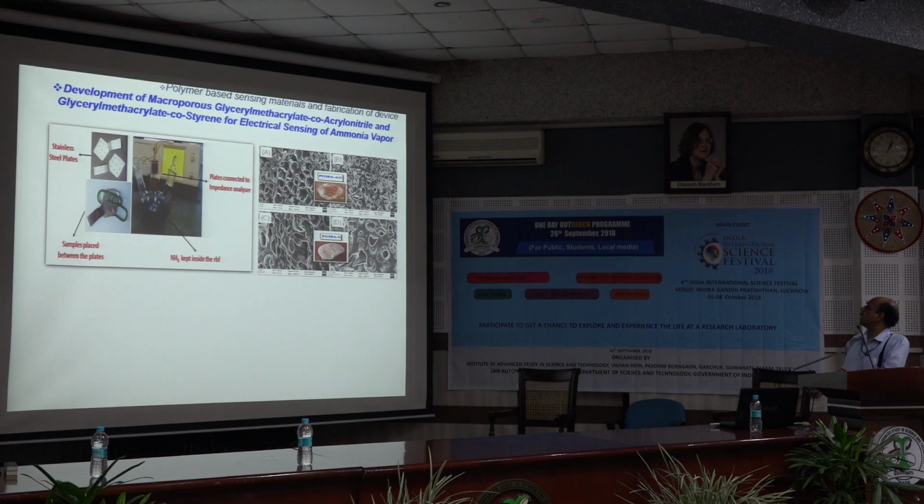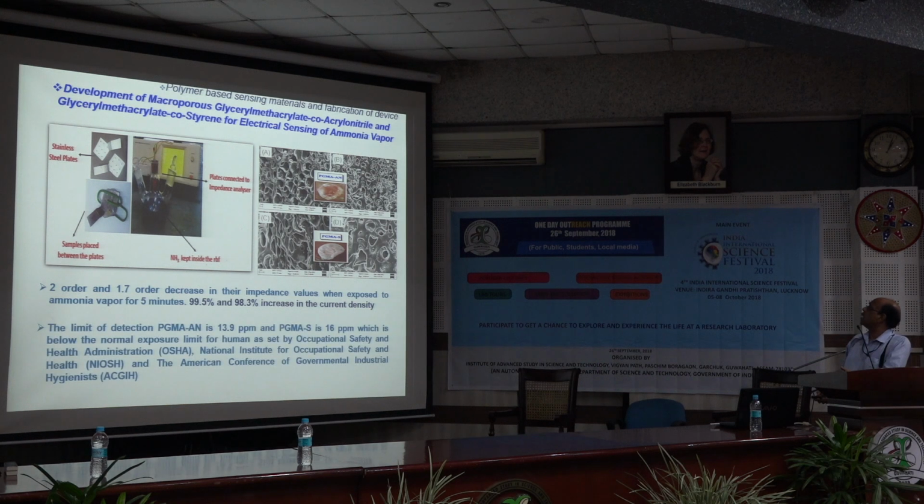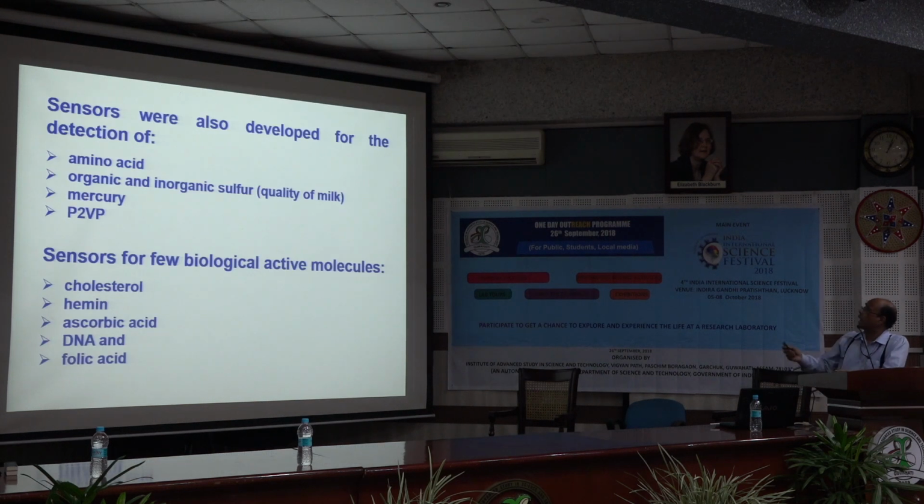We also developed different types of other polymers for sensing different analytes like ammonia vapor as well as sulfur dioxide. And in our laboratory, we have developed sensors useful for detection of amino acids, organic and inorganic sulfur to test the quality of milk, sensing of mercury, and P2VP, which is a carcinogenic polymer widely used in the laboratory.